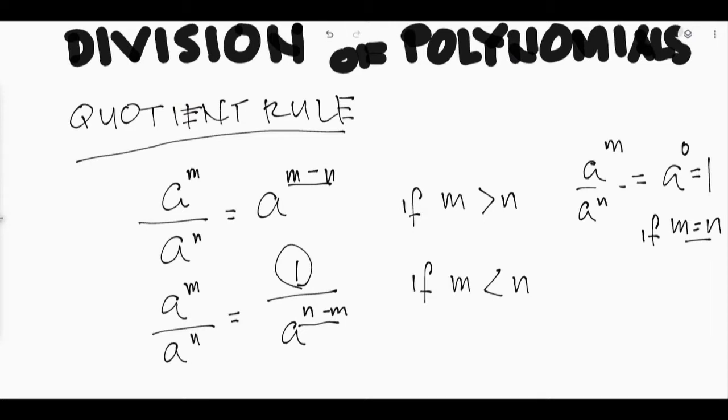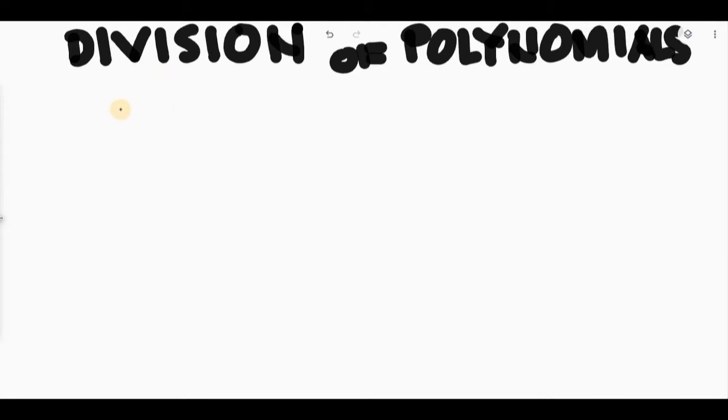So for example, we have 3 raised to 5 divided by 3 cubed. We can write that as 3 raised to 5 over 3 cubed.